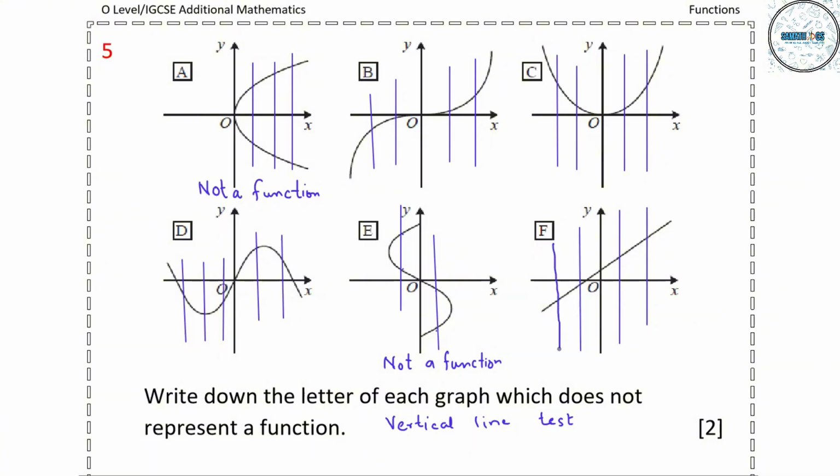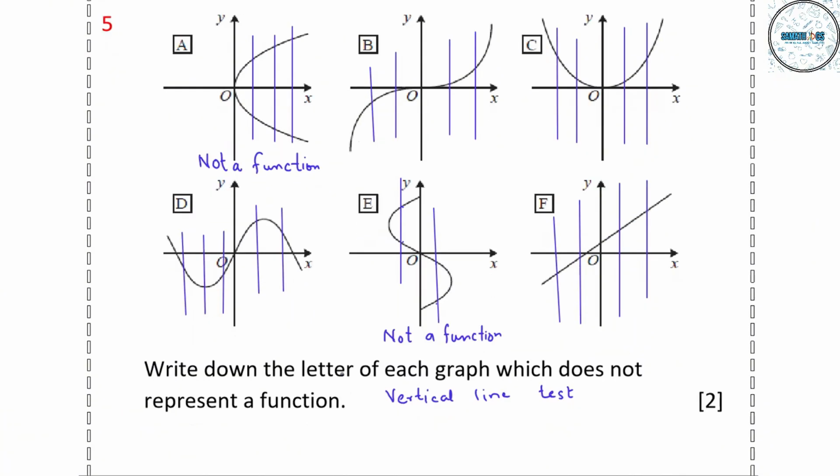The vertical lines are intersecting at one point. So it is also a function. We have to write down the letter of each graph which does not represent a function. So A and E are the graphs which do not represent a function.